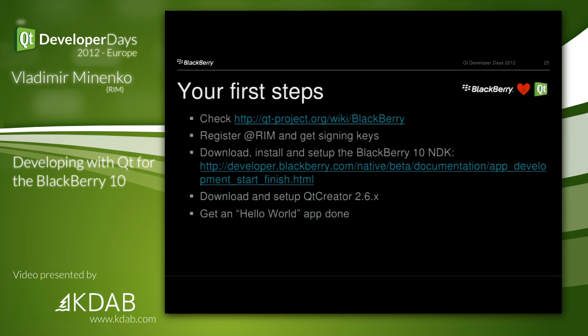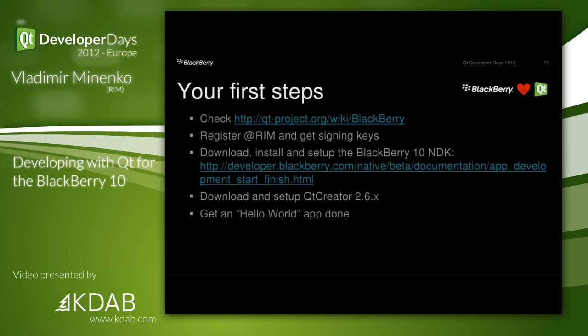What I'd like to explain, and give you some hints and links for, are your first steps, what you do. This is also a bit BlackBerry 10 specific, so you will find your Qt-related stuff in other ways. The first point is to get some details, which I will not mention in my talk. We have a homepage on the Qt Project wiki, which is a kind of collection and gives you a short introduction, and you can start from there.